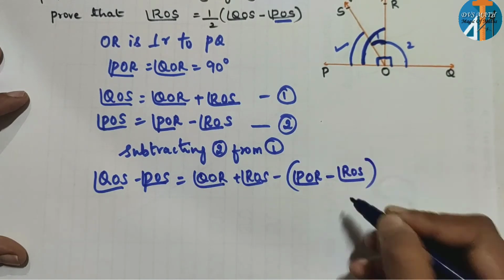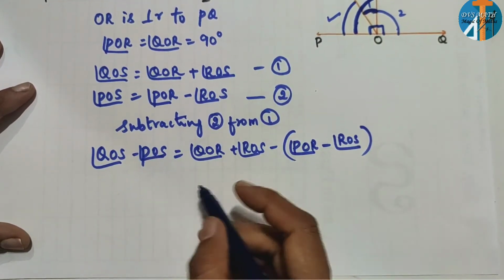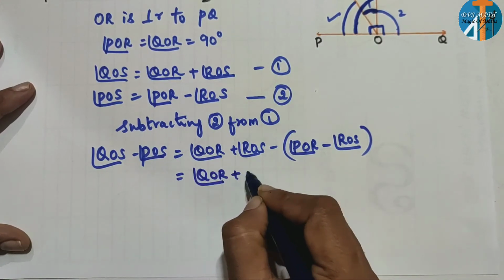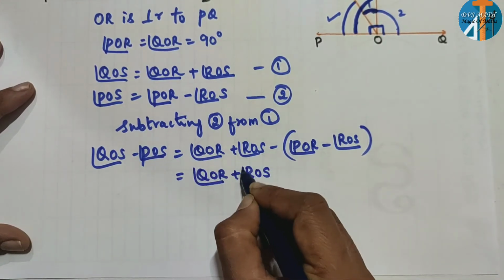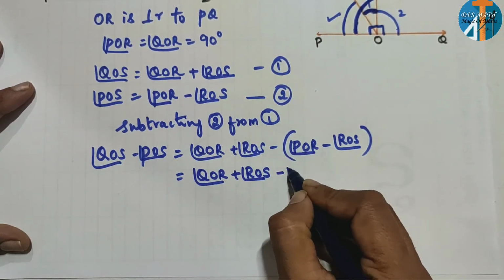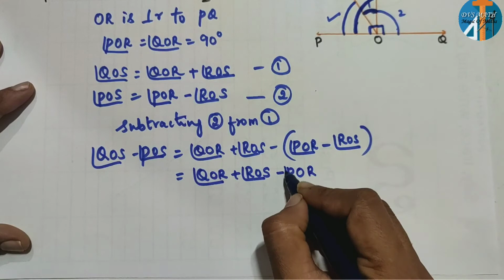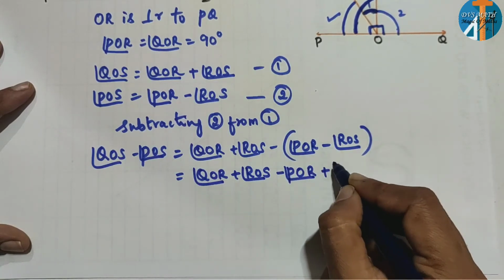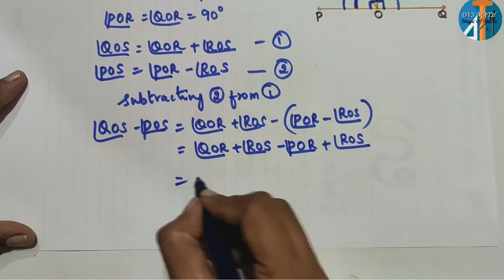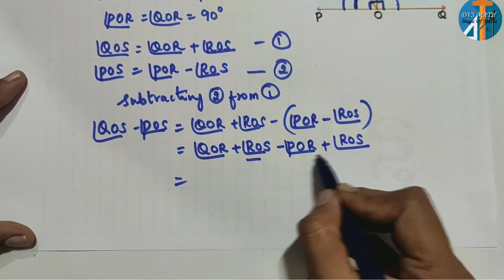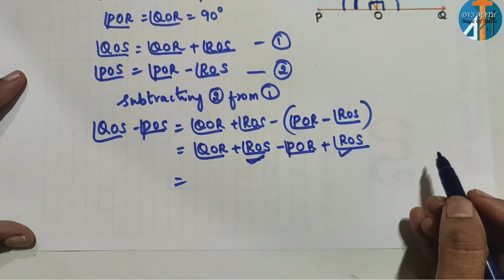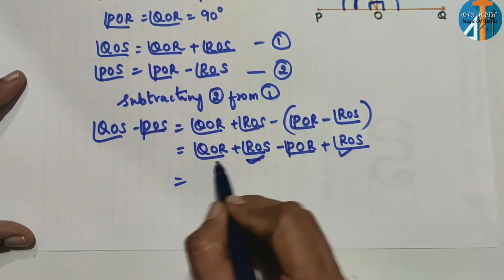Now we'll multiply the angle. QOR will be as it is, plus ROS will be as it is, minus, now we'll multiply minus into POR, minus into minus ROS, that is plus ROS. Here you can observe we have one ROS here, another ROS here, so you will get 2 times ROS.